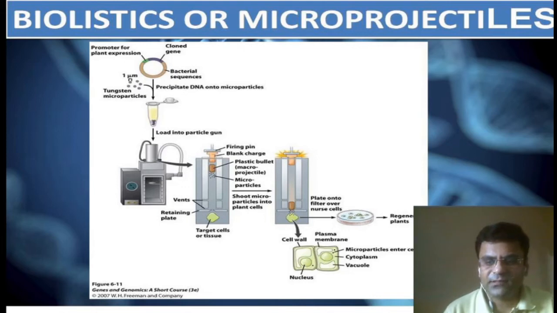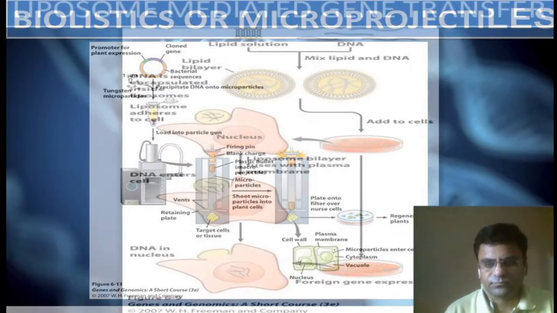The coated beads are attached to the end of a plastic bullet and loaded into the firing chamber of the gene gun. An explosive force fires the bullet with the DNA-coated beads towards the target cells that lie just beyond the end of the barrel. Some of the beads pass through the cell wall into the cytoplasm of the target cell.